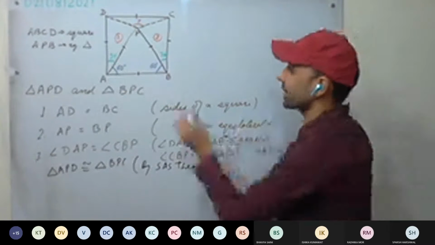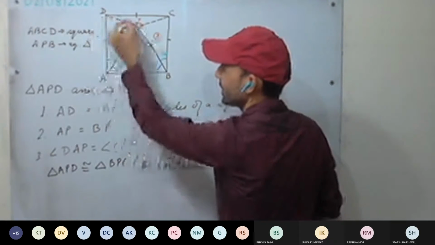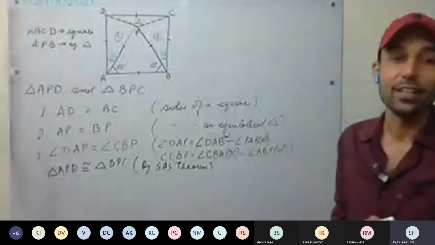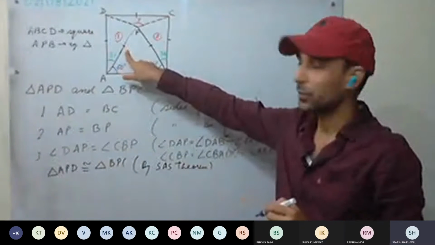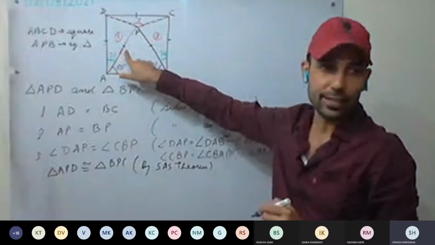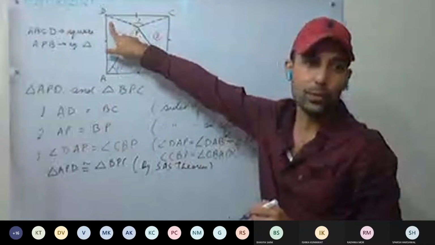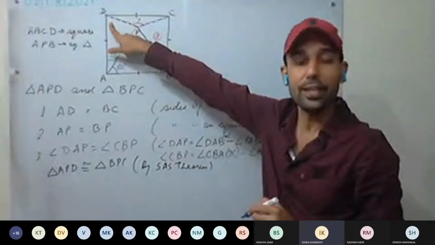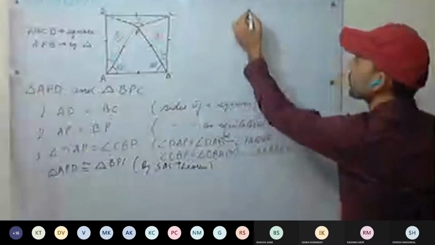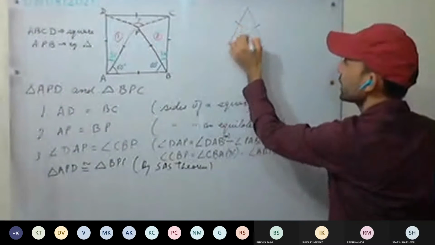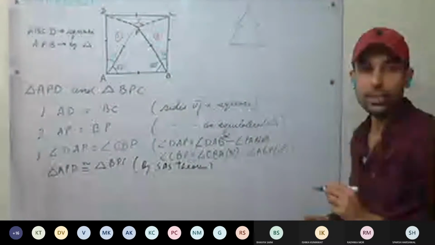Okay, see here. What kind of triangle is it? Isosceles triangle, because two sides are equal. It means the angles opposite to the equal sides are also equal. So if two sides are equal, the angles opposite to them are as well equal.